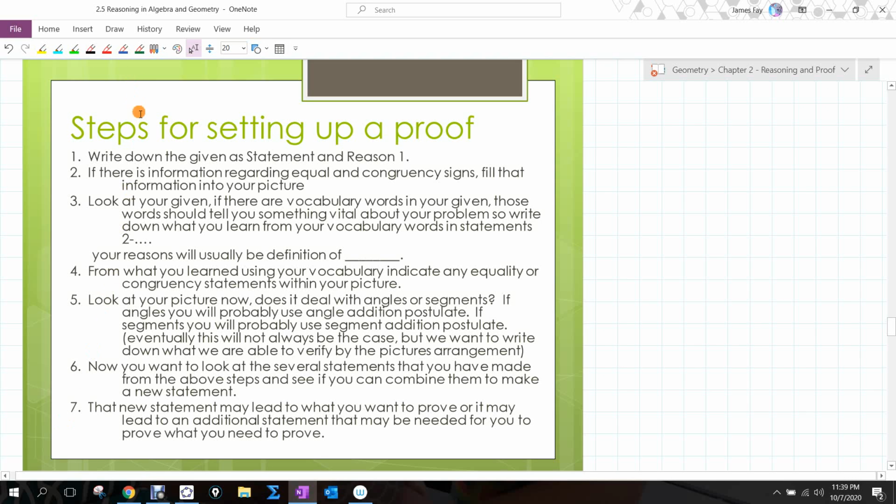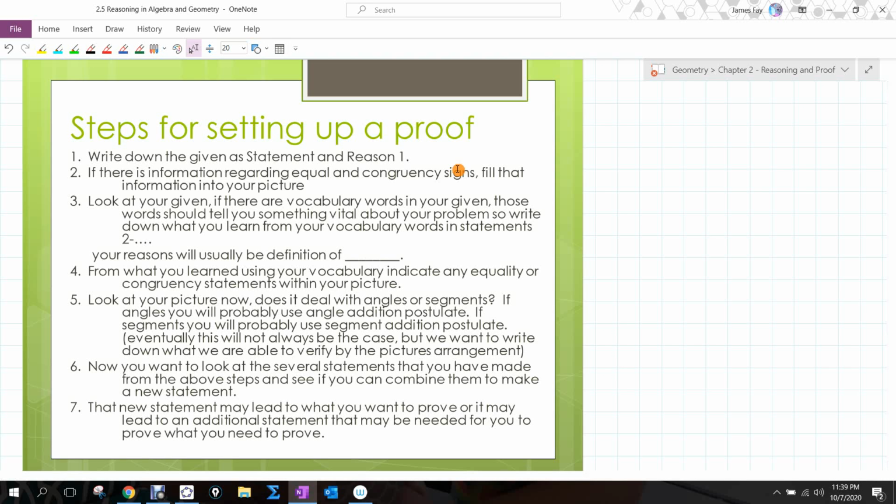First thing you're going to do is write down the given statement and reason in number 1, or line 1. Second thing you're going to do, you're going to look through the information regarding equal or congruency signs that was provided in the given, and you're going to put that in your picture. You're always going to have a picture.